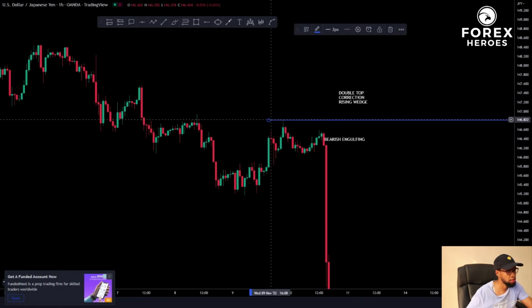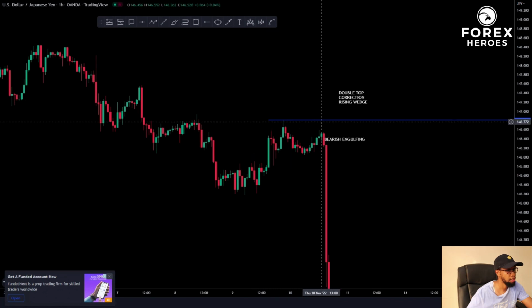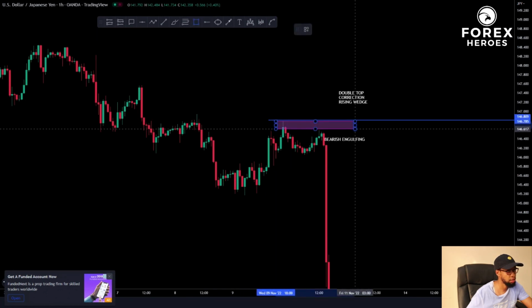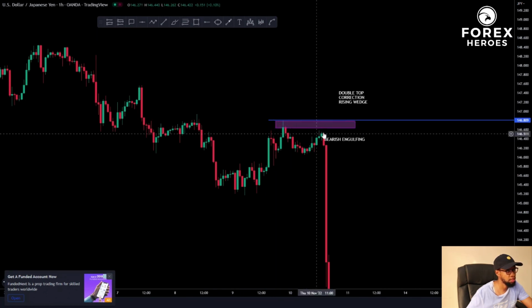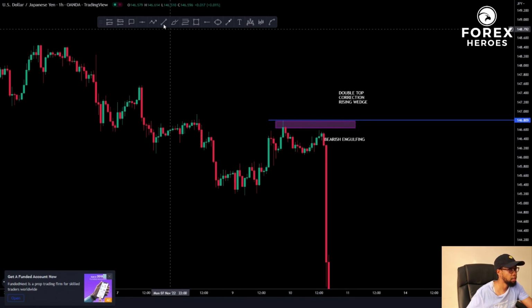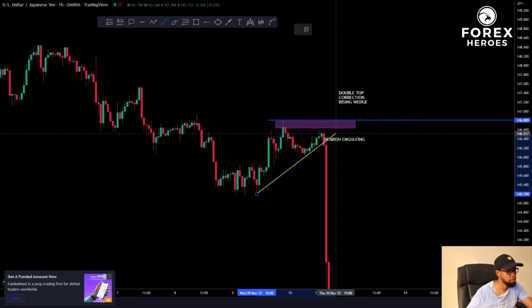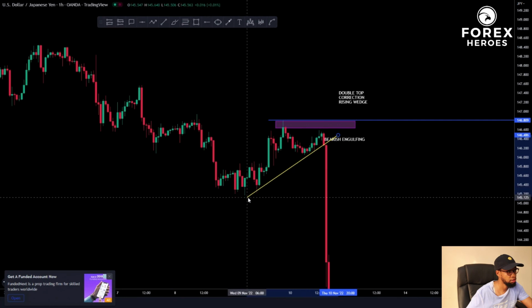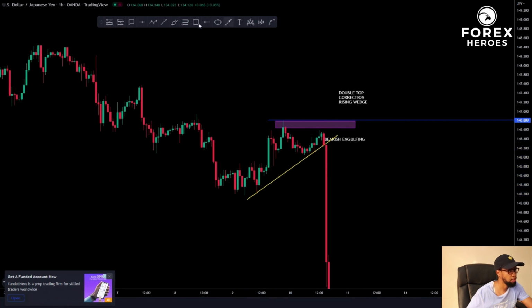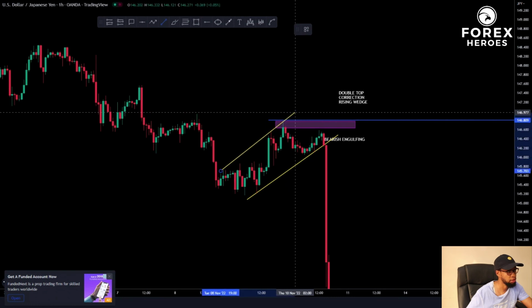So I know that we should be doing what? Let's see here. So we should take this now. You can see it's a double top, and then you are having a rising wedge at this point.